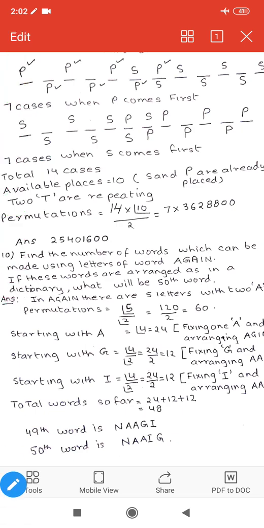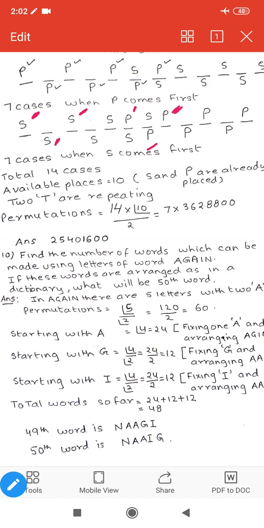Again, now we consider starting with S and ending with P, we will get 7 cases. You can see first case S here, after 4 places we are having P, then S here, then we are having P. You can see P is here and S here, then it is P here.